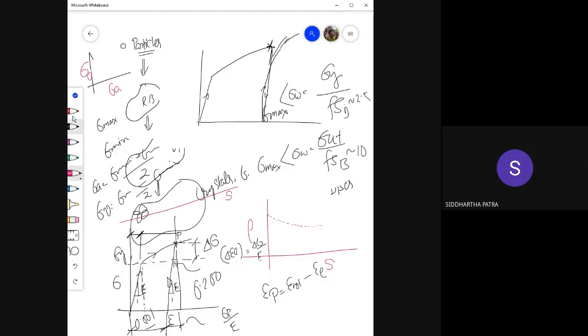And the simplest model is essentially a straight line. If there is no variable load, that means sigma max and sigma min are the same, then the maximum stress that you can allow is sigma yield divided by some factor of safety.